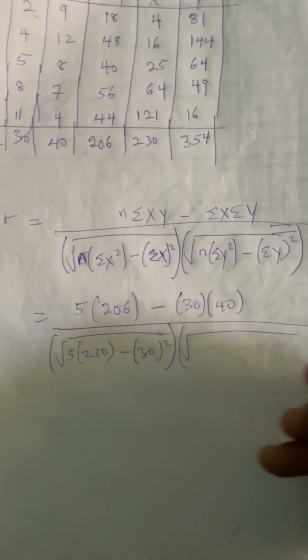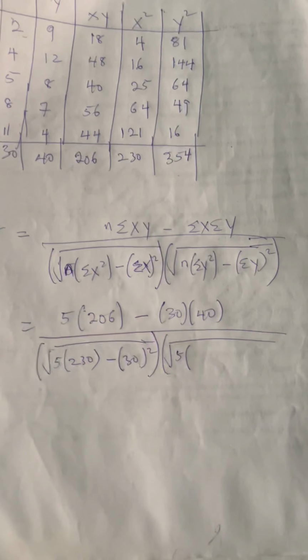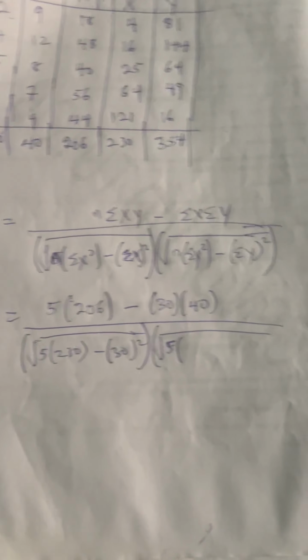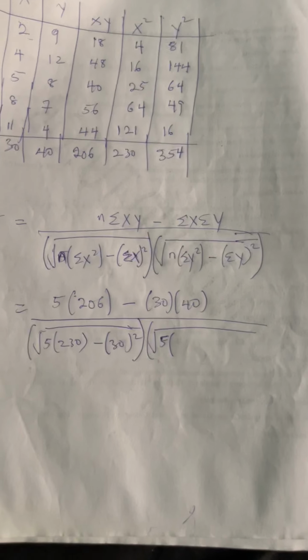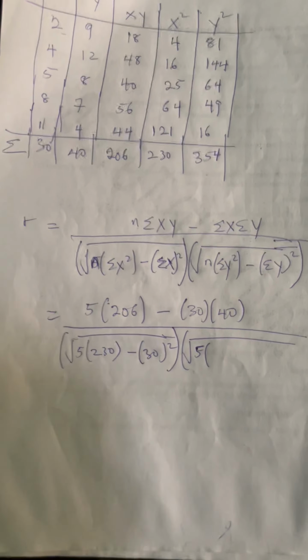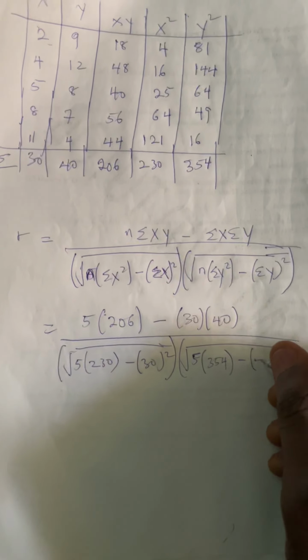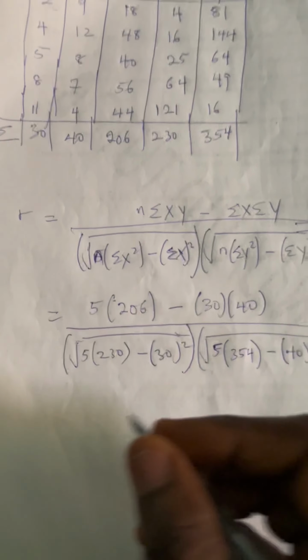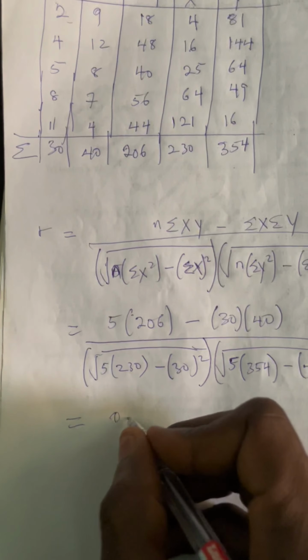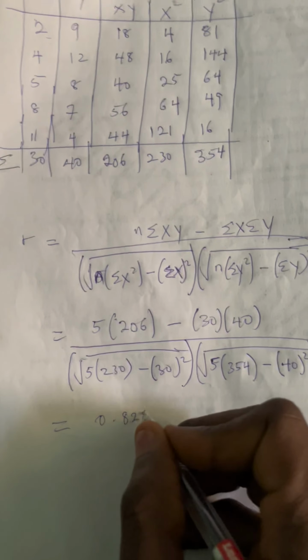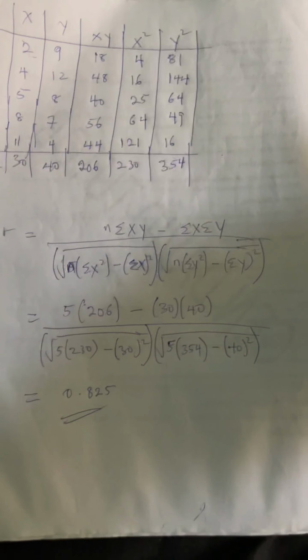Then bracket square root of, n is still 5, times summation y square, which is 354, minus summation y, which is 40, all square. So the answer here will now be, if you press it very well, 0.825.